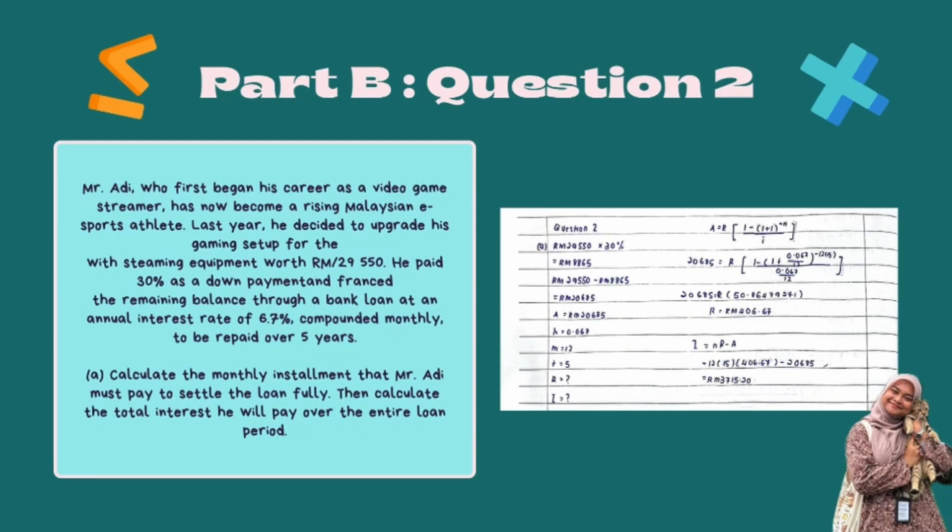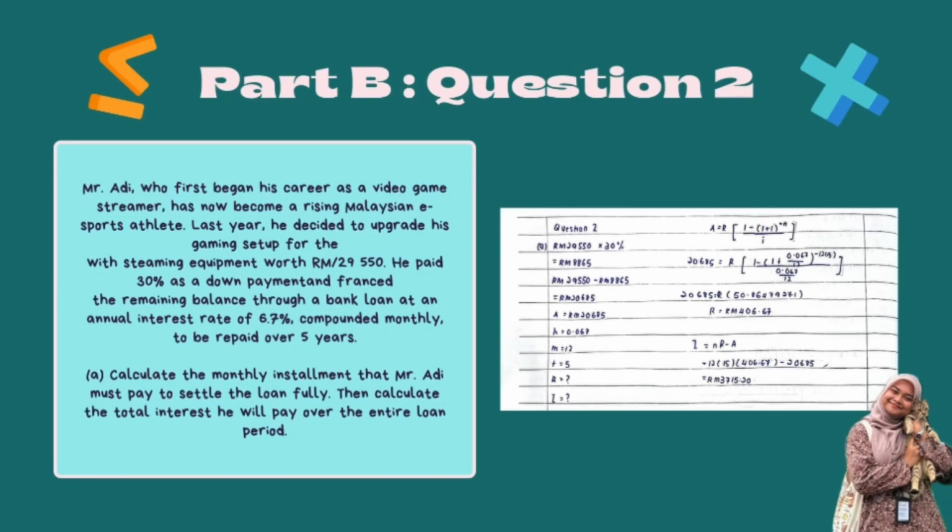Then we take the original amount and minus RM8,865, and the answer is 20,685 ringgit. And then we have k, which is 0.067, m, which is 12, and t, which is 5, but we didn't have an R. So to get the R, we need to use the A formula, and we put all of the information into the formula, and after that we get the answer, which is R is RM406.67.